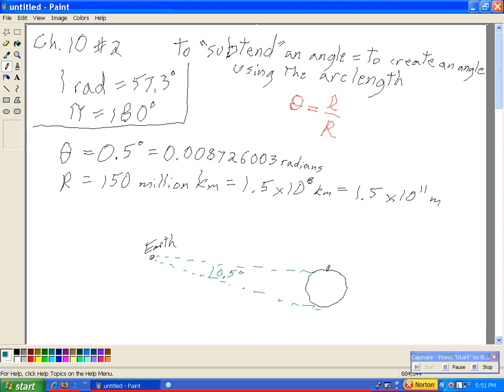And they are asking the rate of the Sun. Well, we know that the angle is 0.5 degrees.